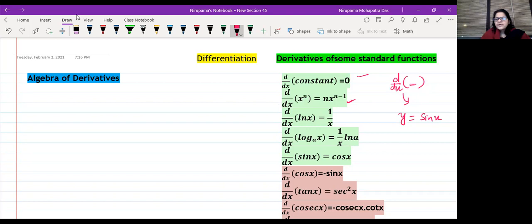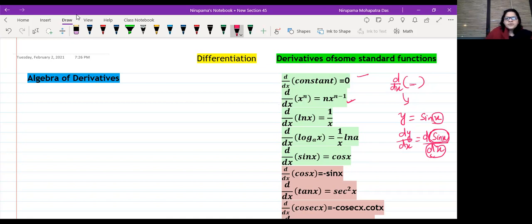When y is a function of x and we are getting dy by dx, or you can say derivative of sine x with respect to x, it means sine x is function of x, and we are differentiating with respect to x. So we are considering these cases because we are still in the beginning of the calculus topic.